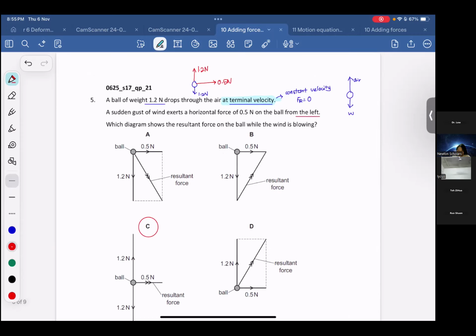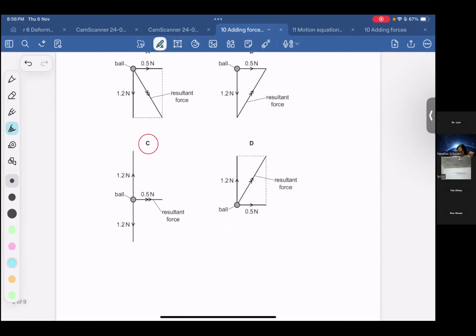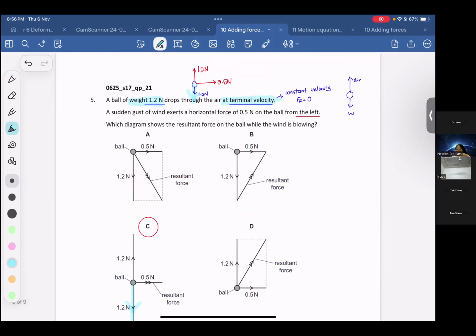Why? You see, just now we read the first sentence. It already tells you we have the weight. So this is your weight. Then they say that it dropped through the air at terminal velocity. Because of terminal velocity, I know that my weight must be equal to the air resistance that we experience.